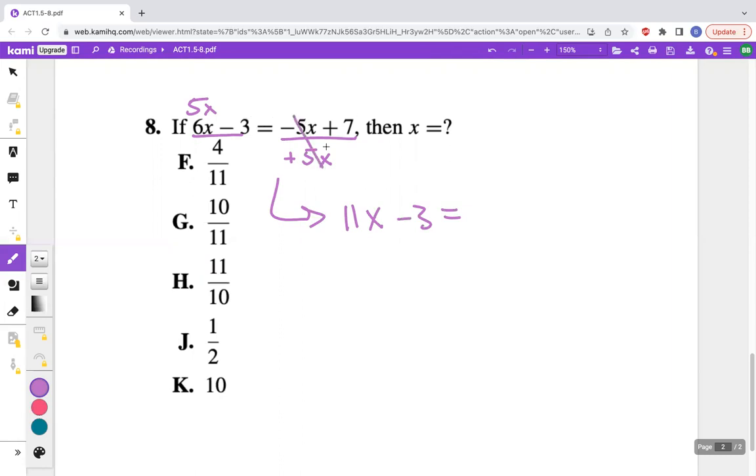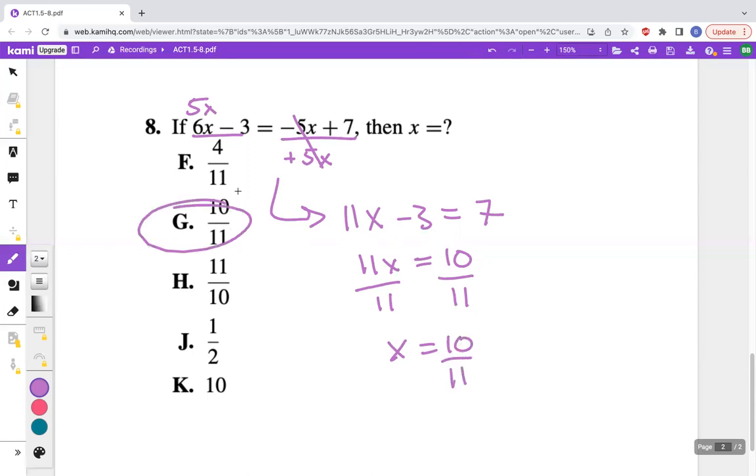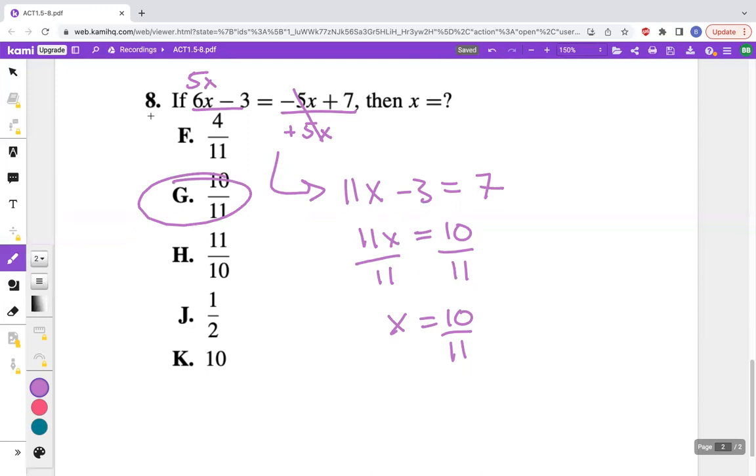The 5x's cancel, so this is just equal to 7. I have 11x equals 10 because I added that 3 over. And then to get x by itself, I just divide both sides by 11. So here I am looking for 10/11ths. Here I see it, quick grab, and there it is.